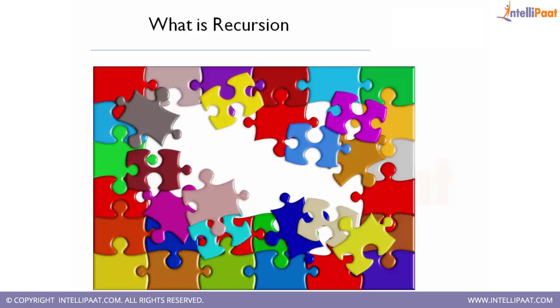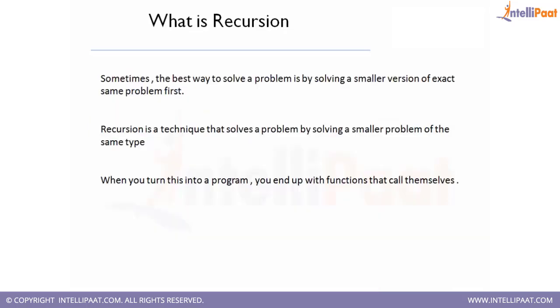So how we are solving this jigsaw puzzle is, we are solving a smaller problem by finding out the corner elements, and then using that solution and finding out the related elements with the corner elements, and so on, so that we solve a bigger problem, which is a jigsaw puzzle. Recursion is much more similar to that.